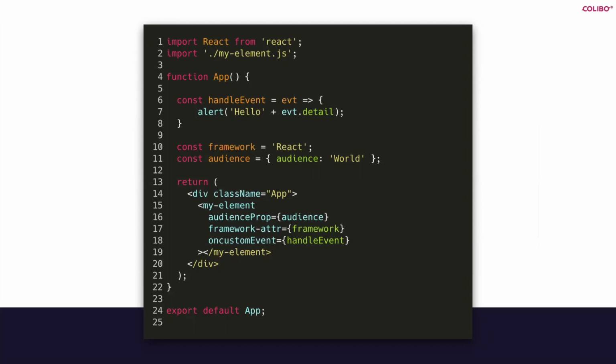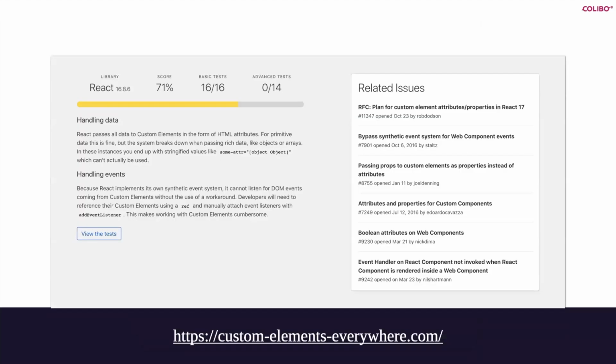So for our custom event here, that's with a capital E, it doesn't work. That has to do with how JSX compiles the attributes into actual event listeners. So it's a little bit of a sad story, and React passes all the basic tests.